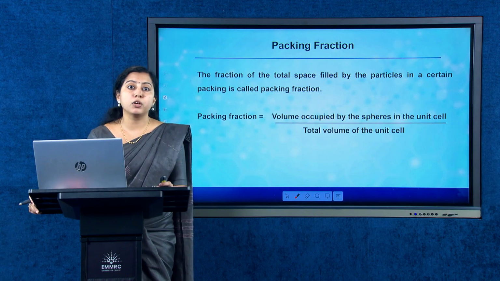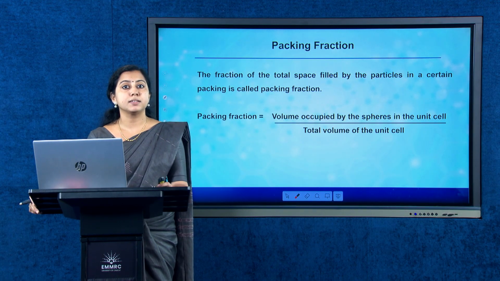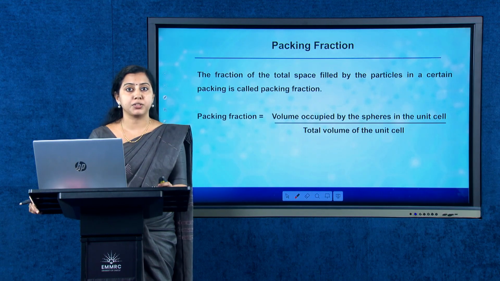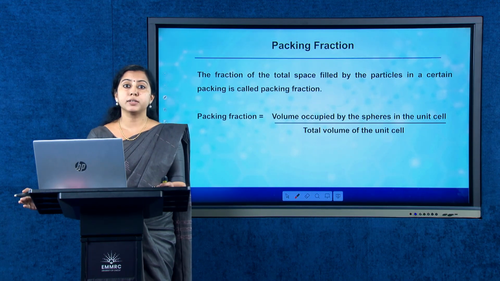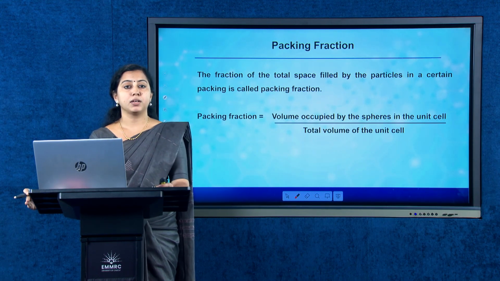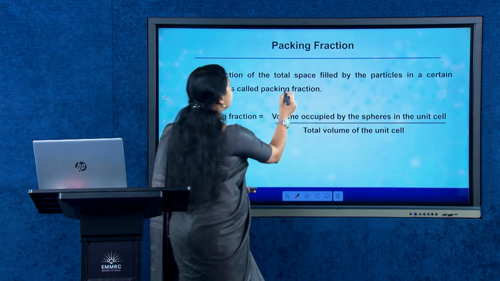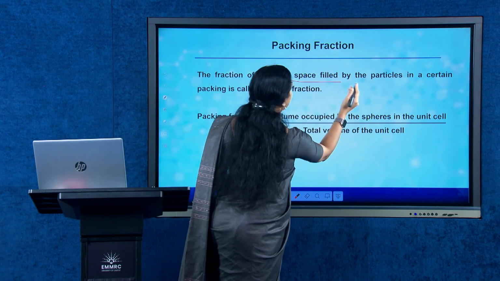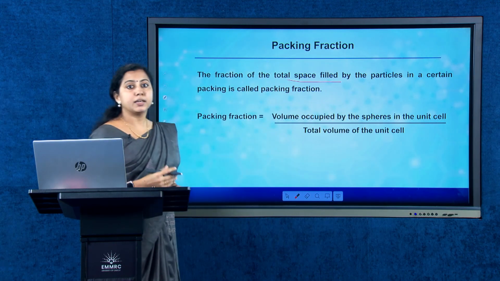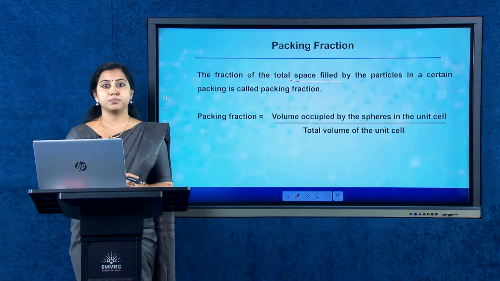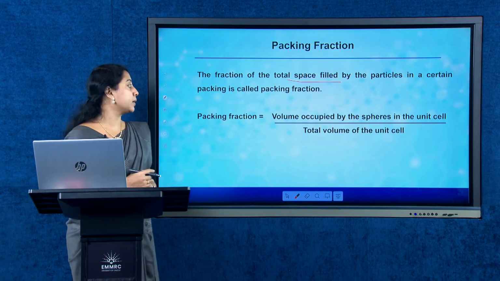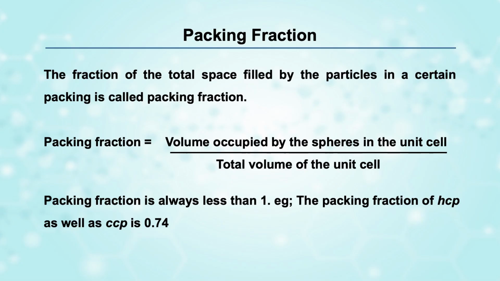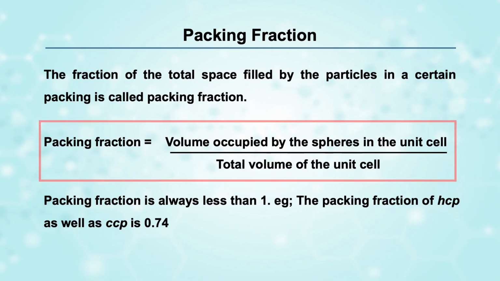Before moving on to calculation of packing efficiency, let us see about packing fraction. So, what is packing fraction? It is the fraction of the total space filled by the particles in a certain packing, or it can also be represented as the volume occupied by the spheres in the unit cell divided by total volume of the unit cell.